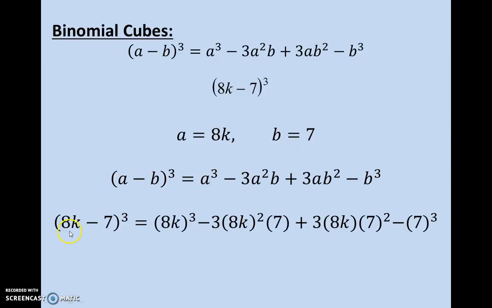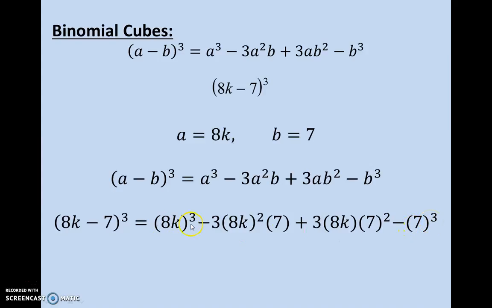So we know that a cubed is really going to be (8k) cubed. Then minus 3a squared b is really going to be minus 3 times the (8k) squared times the 7. And then 3 times the 8k times the 7 squared. And then finally minus the 7 cubed.